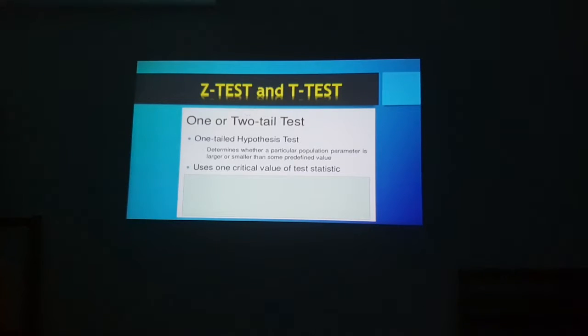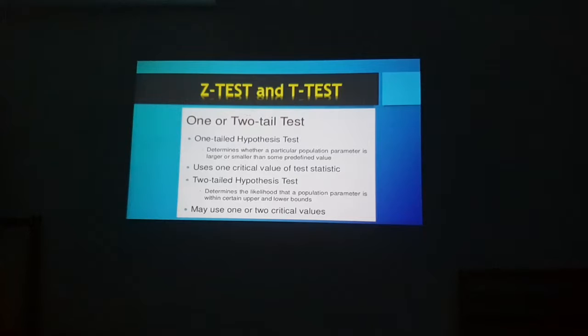It uses one critical value or test statistic. A two-tailed hypothesis test determines the likelihood that a population parameter is within certain upper and lower bounds. It may use one or two critical values.